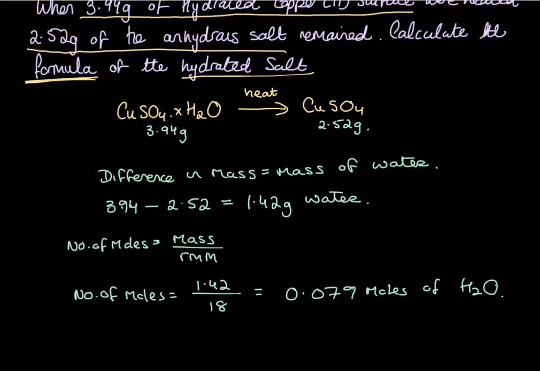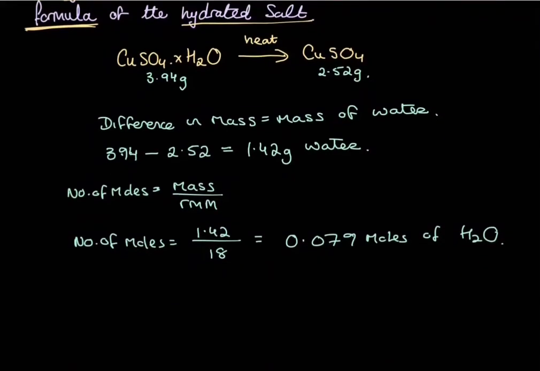Okay, so I also have the mass of the copper sulfate that was left. So the water has basically evaporated off and I'm left with the copper sulfate. I can also work out the number of moles of the copper sulfate that's left. I have 2.52 grams of it.